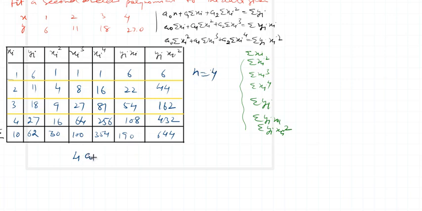So it is 4a0 plus 10a1 plus 30a2 equal to 62.